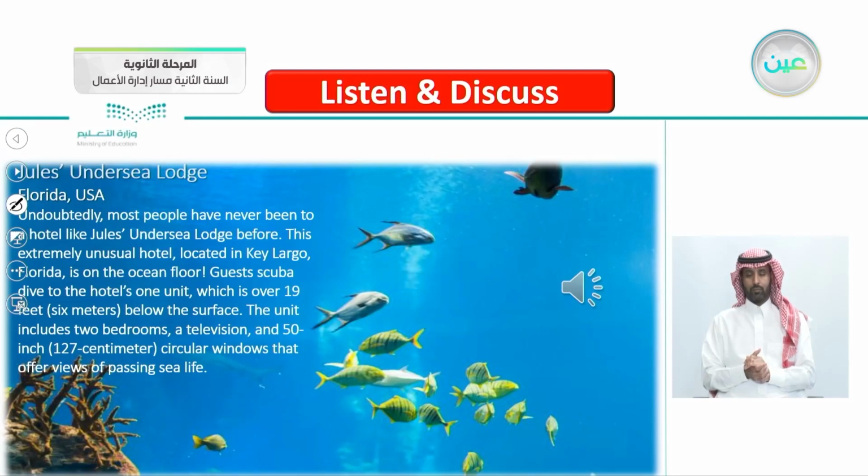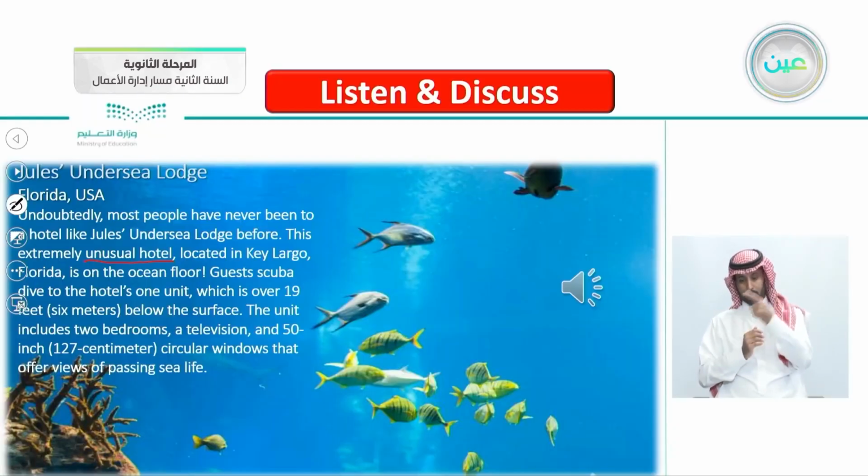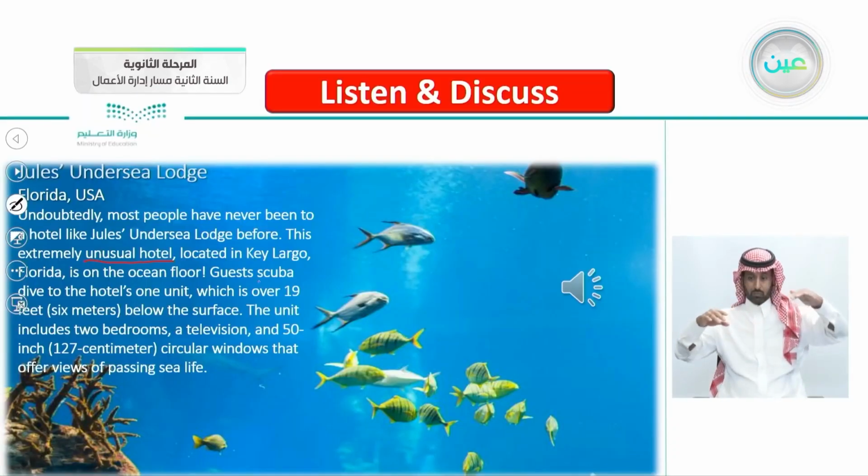So here he's talking about Jules Undersea Lodge Hotel, which is, as he said here, an unusual hotel. Of course, this is unusual, sleeping in a room under the water. So guests have to scuba dive to the hotel's one unit, which is over 6 meters below the surface.